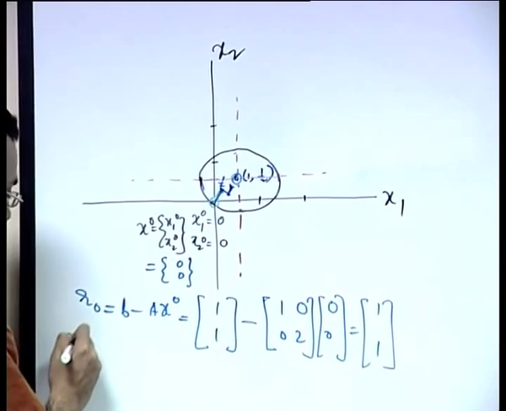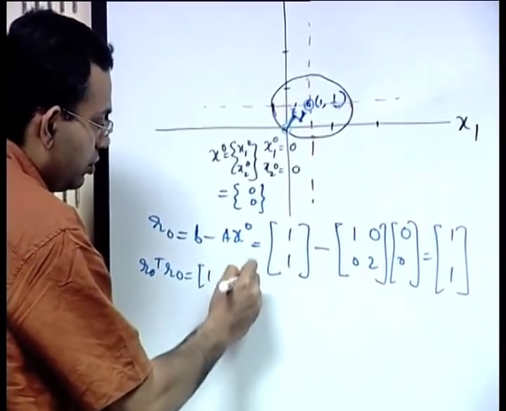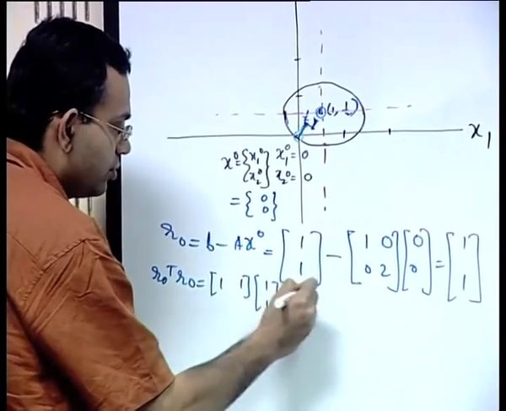So r0 transpose r0 is equal to 1 1 into 1 1, so that is 2.